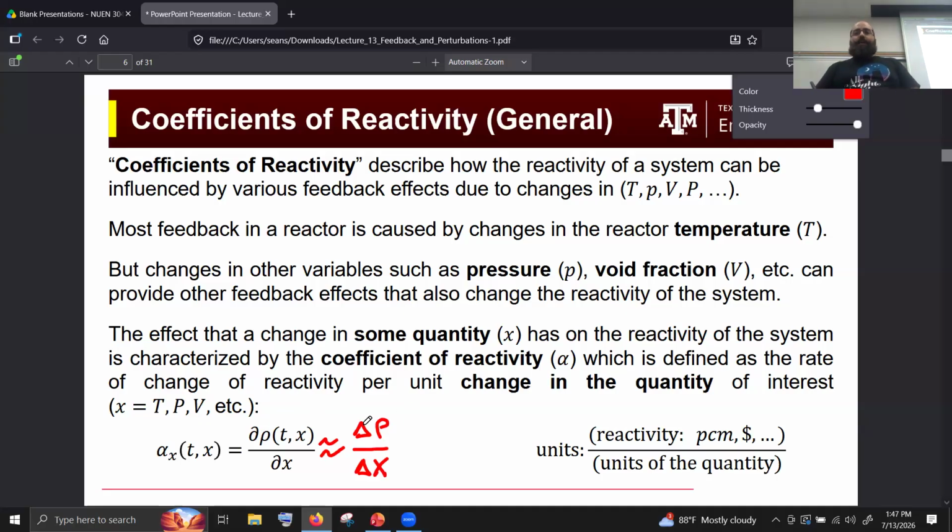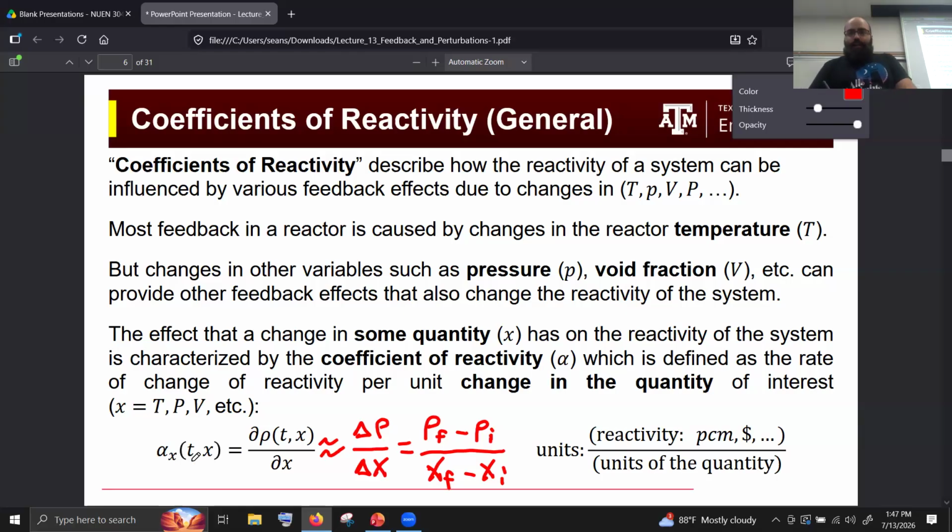And so if I'm talking about change in a quantity, what is that telling me to do with that quantity? Yeah, exactly. So that would be the same thing as doing my final reactivity minus my initial reactivity, divided by my final value of whatever x is minus the initial value of whatever x is.